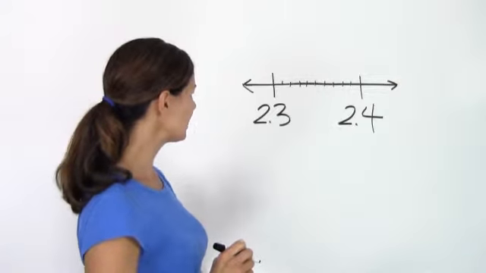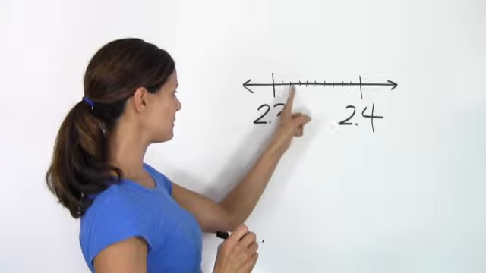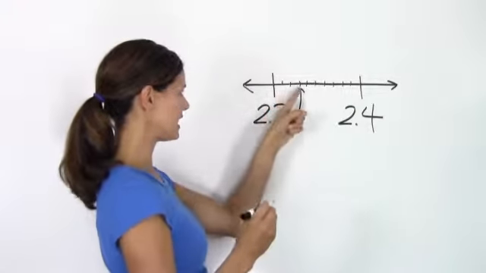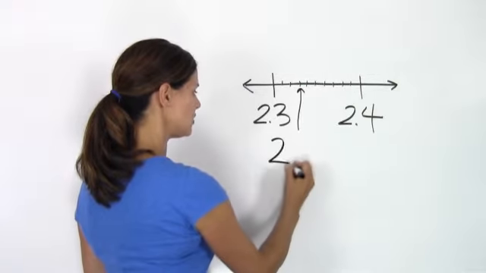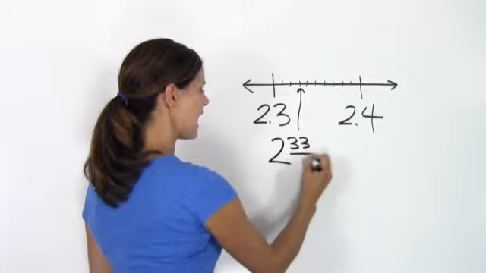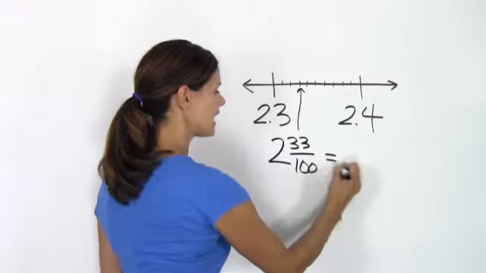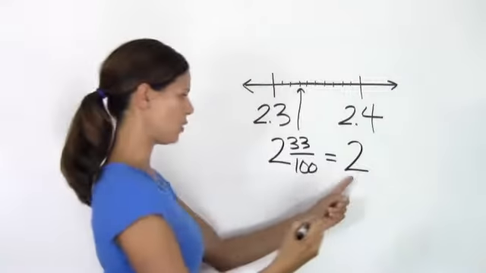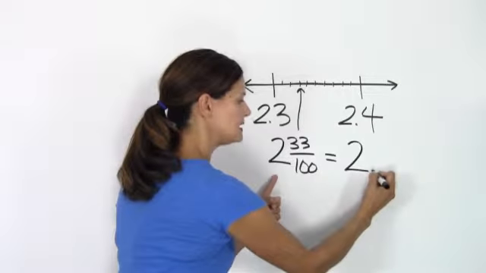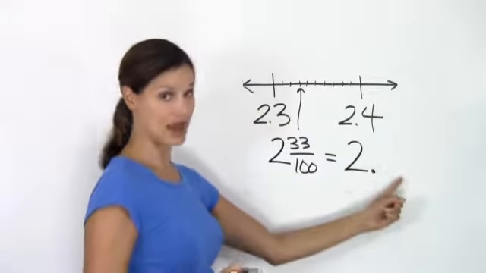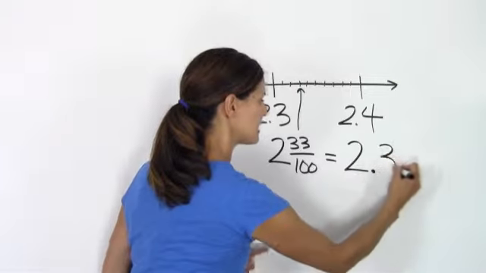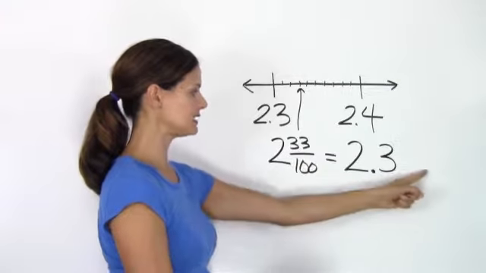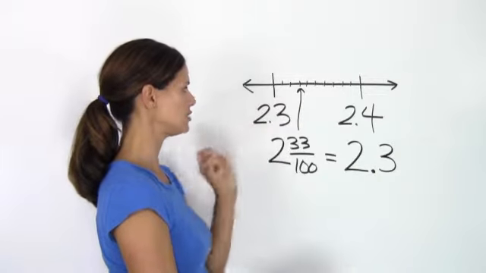And so if I were to look, for example, at the point 3 spaces to the right of 2 and 3/10, right here, I'm now at 2 and 33/100ths. And to write that as a decimal, I would write 2, so I still keep my whole number here, and then I put my decimal point, and then to the right of the decimal, I put my 3 for my 2.3 that we talked about already, and then the next space here is the hundredths place.